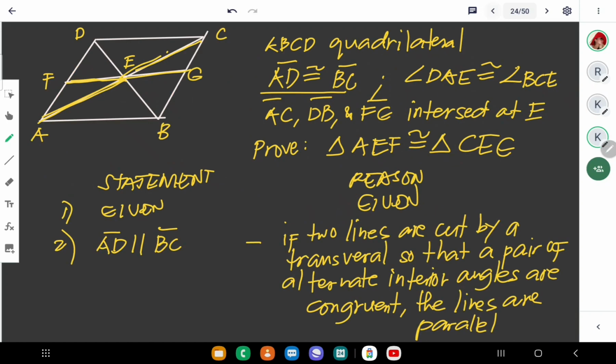Do you get that? So AE and EC are equal, congruent.